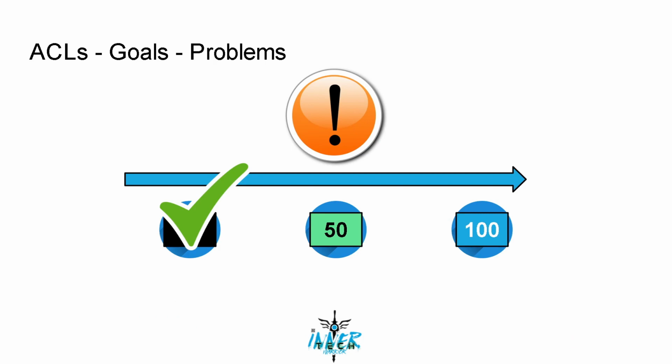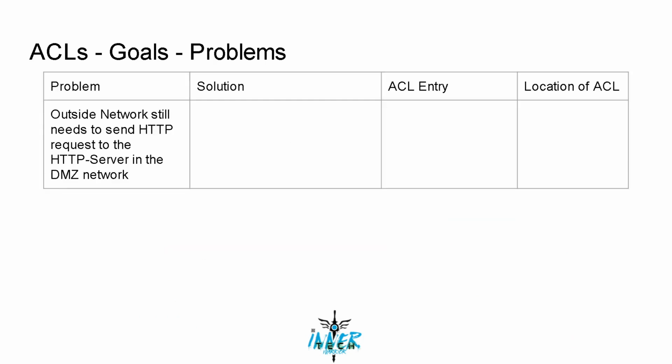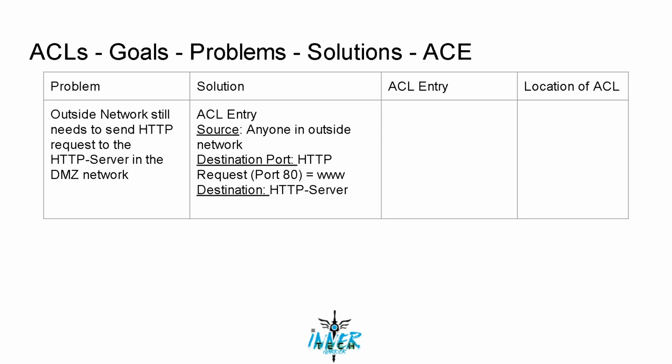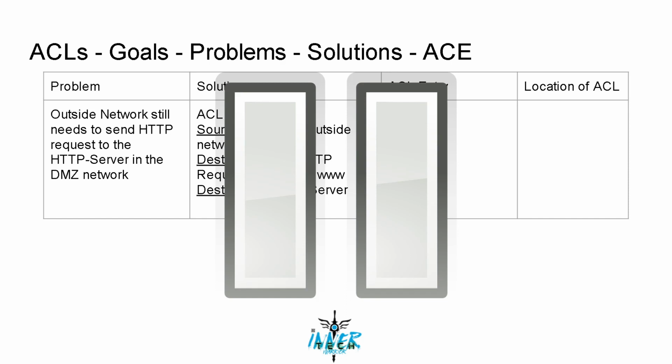Okay, cool. On to the next problem. Now that our outside network can resolve the URL, we still need to make sure it can send an HTTP request to the testweb.com web server. So let's create another ACL entry, this time allowing the outside network to send HTTP requests to the testweb.com web server. Pause here and try it first.